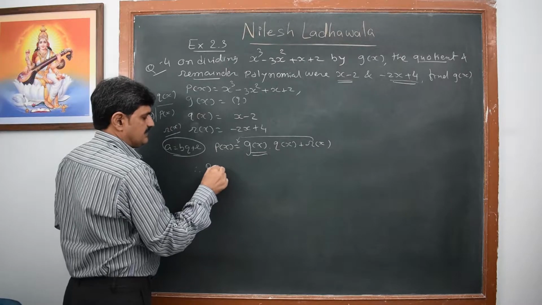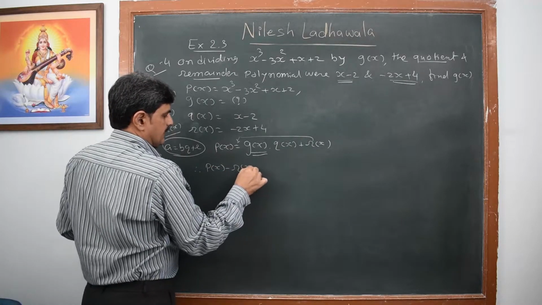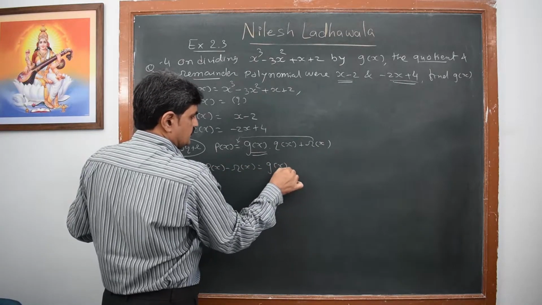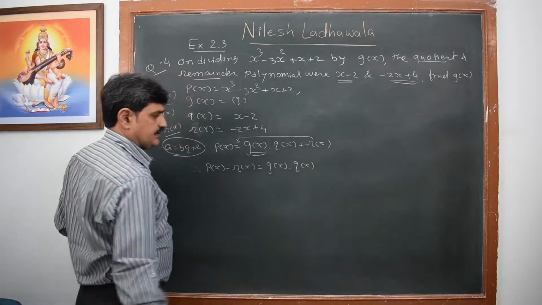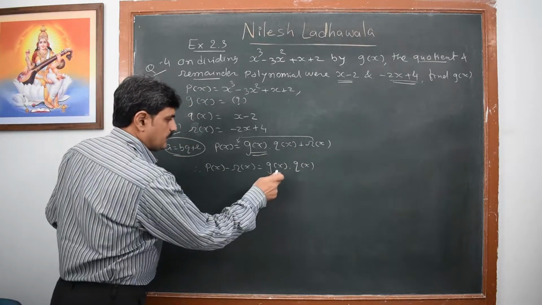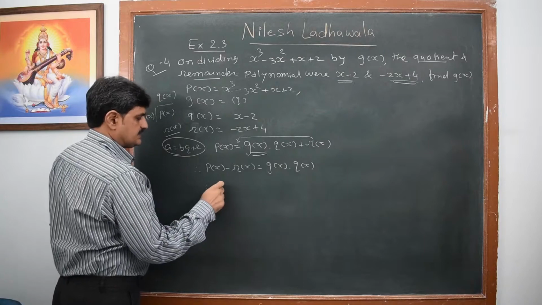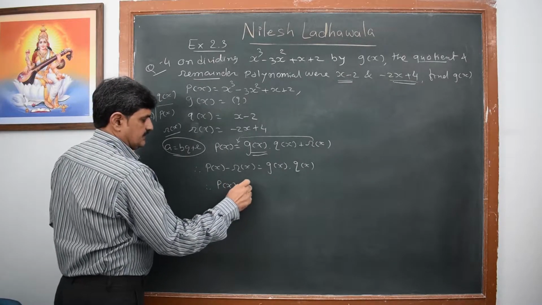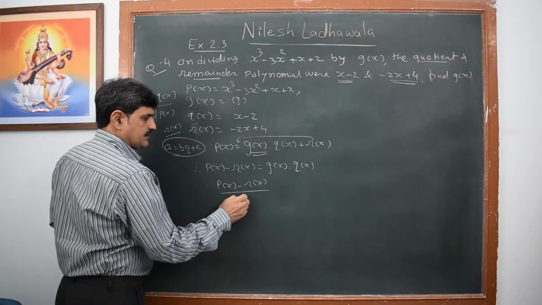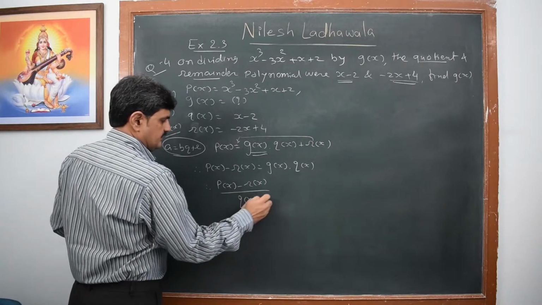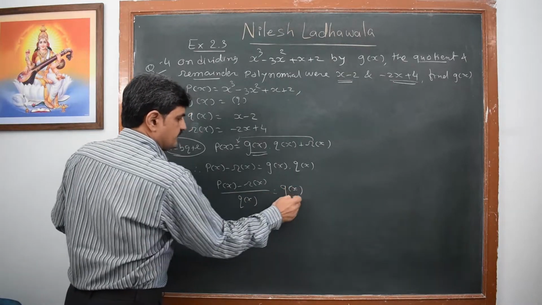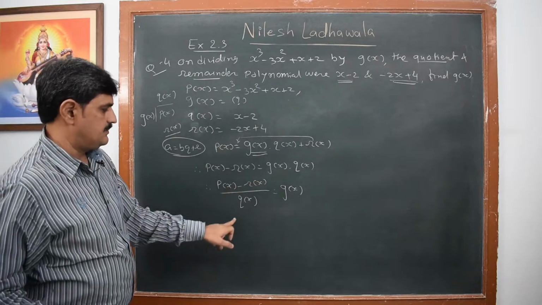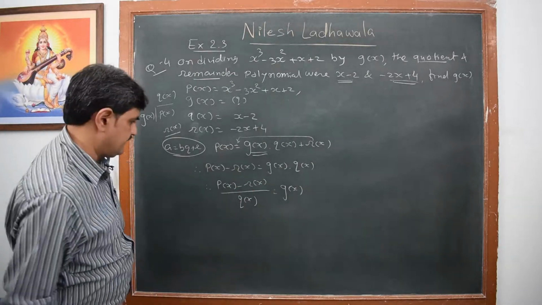Since I have to find g of x, I will first take r of x to the left side. So I will have p of x minus r of x is equal to g of x into q of x. To obtain g of x, I have to take this q of x to the left side, so it will be in division. So I have g of x is equal to p of x minus r of x upon q of x.